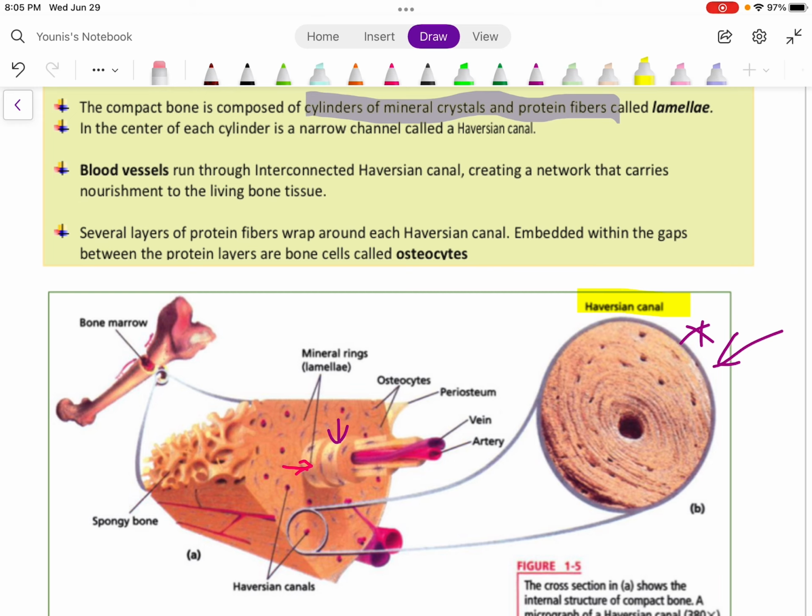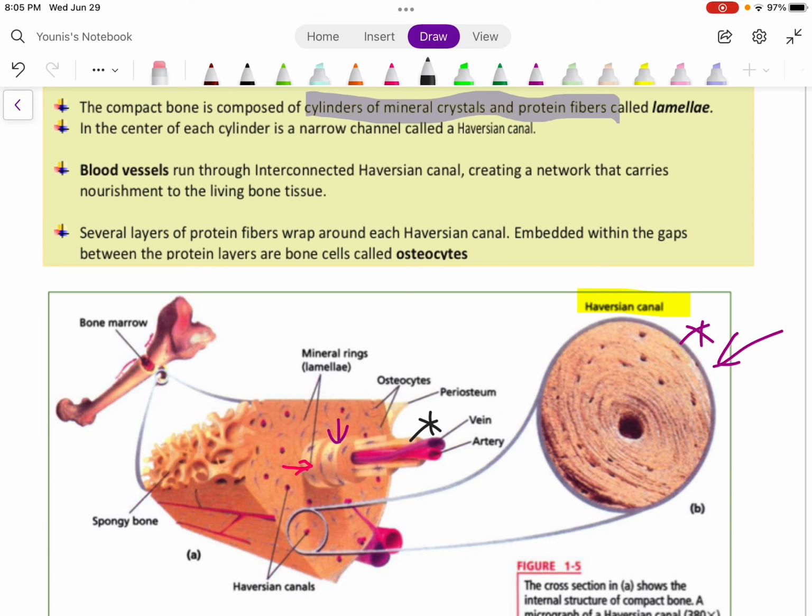What is inside these cavities? Are they like, let's say, they don't have anything inside? No, of course not. As you can see on the diagram where I'm pointing, students, in the cavity there are blood vessels running, like arteries and veins.